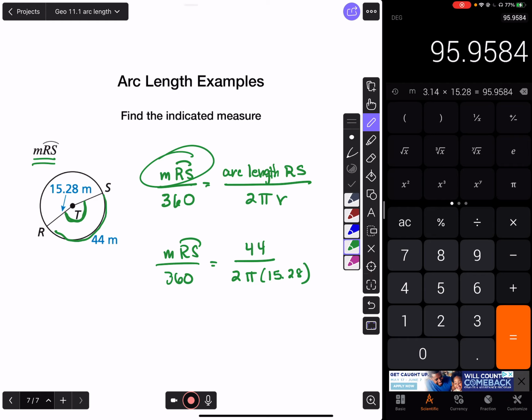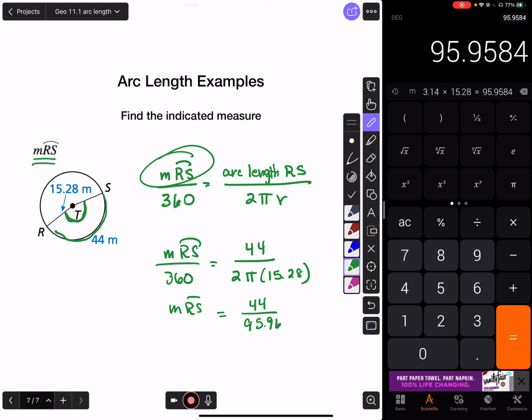So that is now 44 over 95, we'll call it 96. Then I'll do that division on the right-hand side. So 44 divided by 95.96.